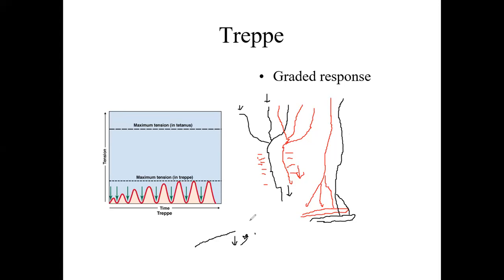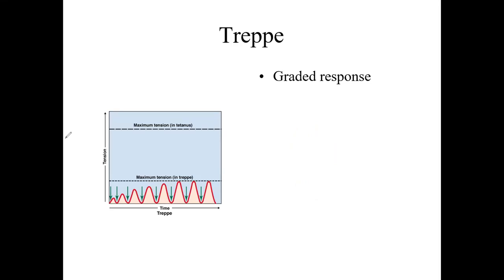Anybody is lost? Okay, so now we have a muscle which is at rest. You find that when this muscle is at rest and you stimulate it, it will reach a peak and then it will relax.